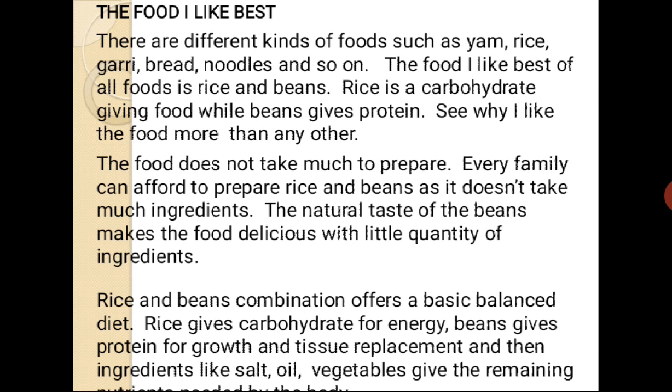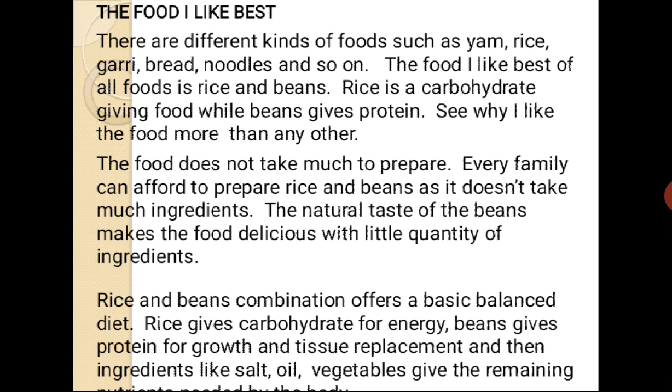And then it goes on in the next paragraph. The food does not take much to prepare. Every family can afford to prepare rice and beans as it doesn't take much ingredients.